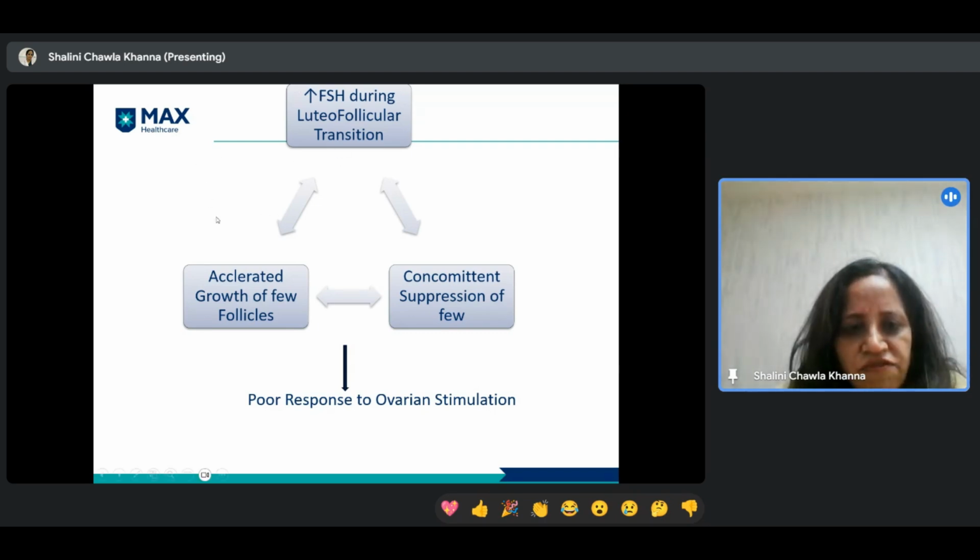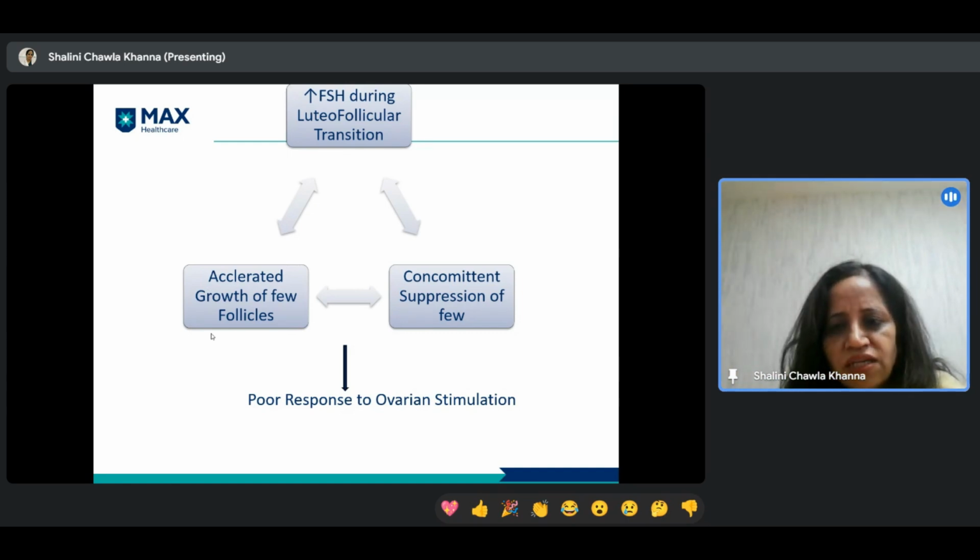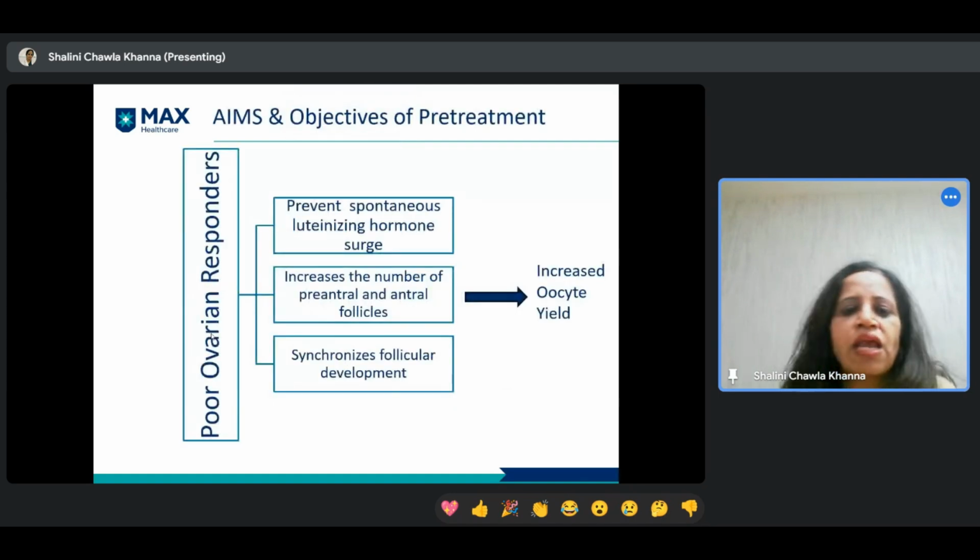This increased FSH leads to the accelerated growth of only a few follicles, while the other follicles don't grow, with a concomitant suppression of a few. So few follicles are growing very fast, the other follicles don't grow, and hence it leads to poor synchronization and poor response to ovarian stimulation.